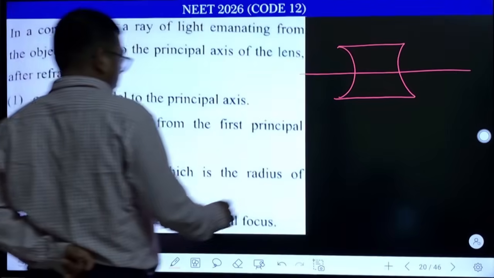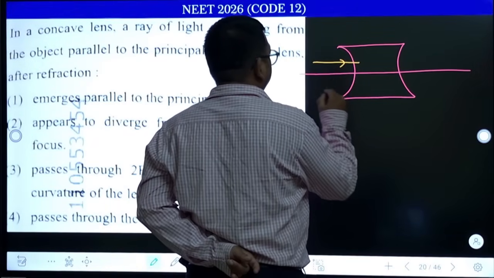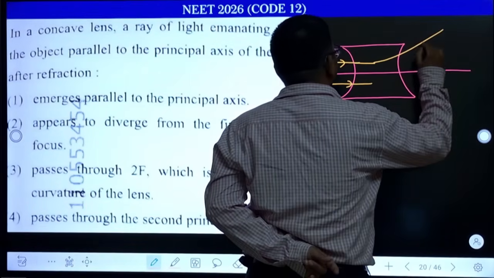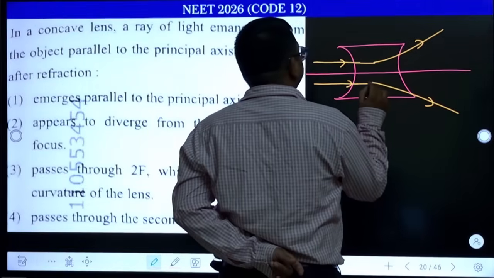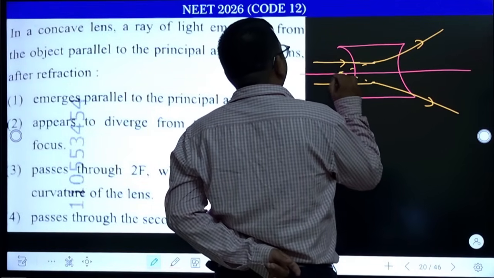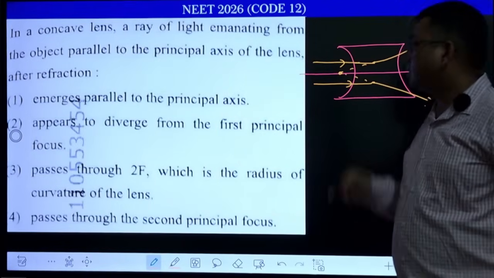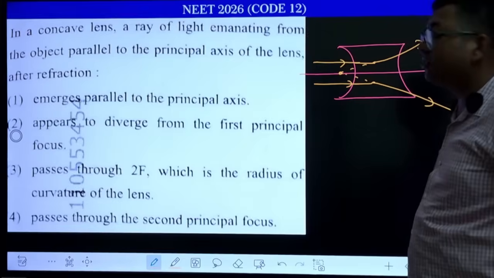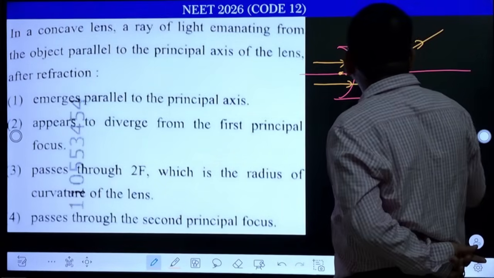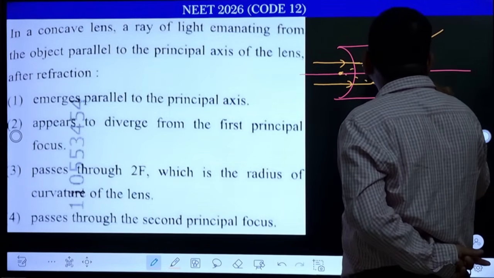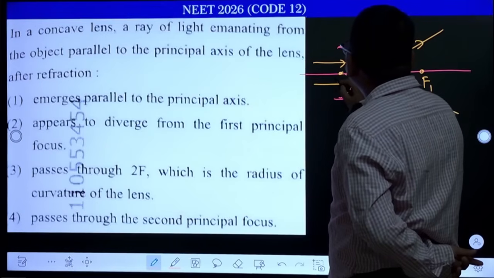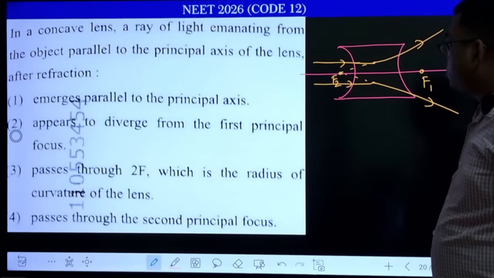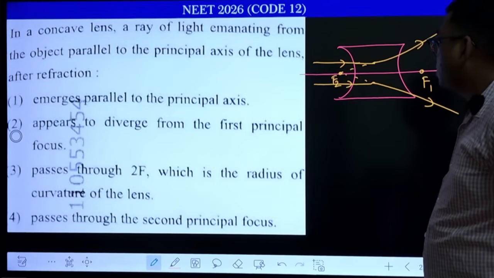If these rays are parallel, then definitely we know that it diverges. And if it diverges, then a virtual image is forming here, right? Okay, let's see: it emerges parallel to the principal axis and appears to diverge from the first principal focus. What is the first principal focus? Note that the first principal focus is this one, F1, and this is F2, the second principal focus. Okay, appears to diverge from the first principal focus.